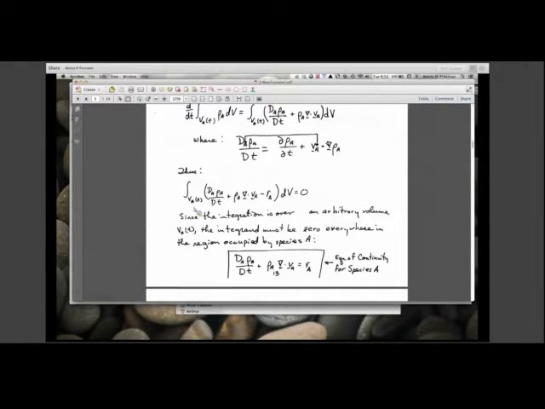And then I make the following argument. I haven't told you what this material volume is. We haven't specified it.